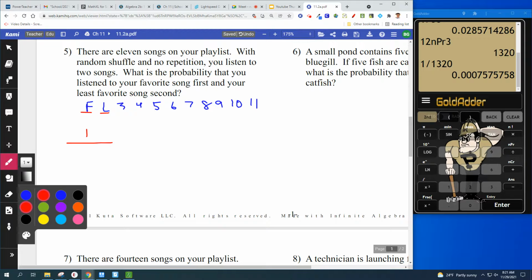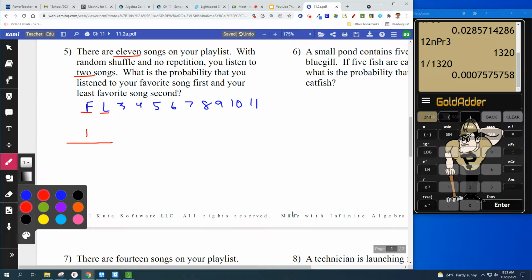But then the bottom is how many ways of listening to the songs. So you're only listening to 2 songs out of 11. All right. So it's a group from a group, 2 out of 11.